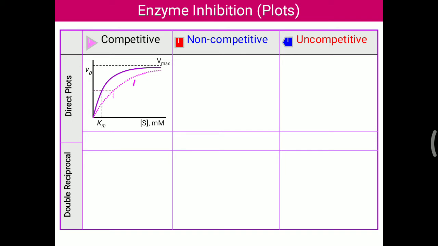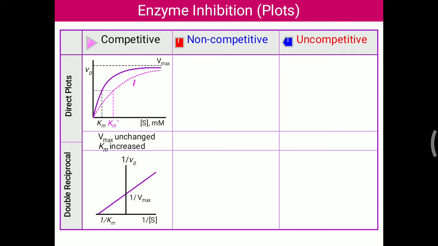In competitive inhibition, Vmax remains the same but the Km value increases. Km is inversely proportional to affinity, so when Km increases, the enzyme has less affinity for the substrate. So Vmax remains unchanged in competitive inhibition, but Km is increased, meaning decreased affinity for the substrate when the inhibitor is attached to the enzyme.